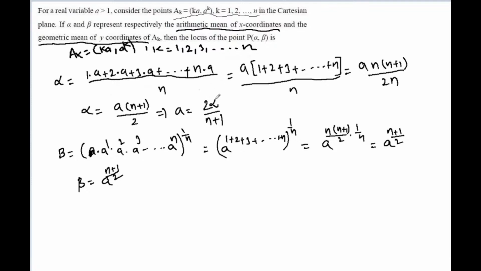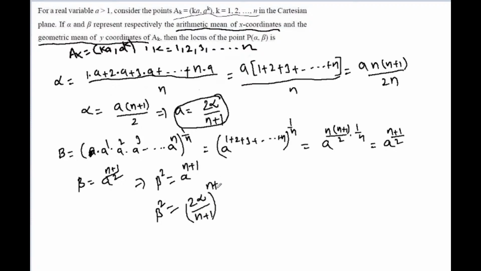From the first equation, we know the a value is 2 alpha by (n plus 1). Substituting in this, beta square is equal to a to the power of n plus 1. So beta square is equal to (2 alpha by (n plus 1)) whole to the power of n plus 1.